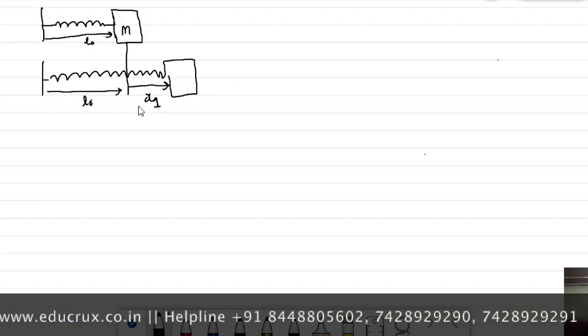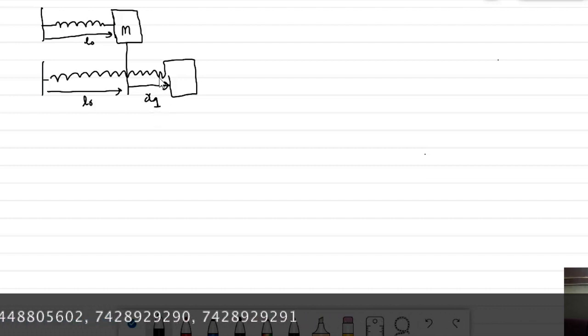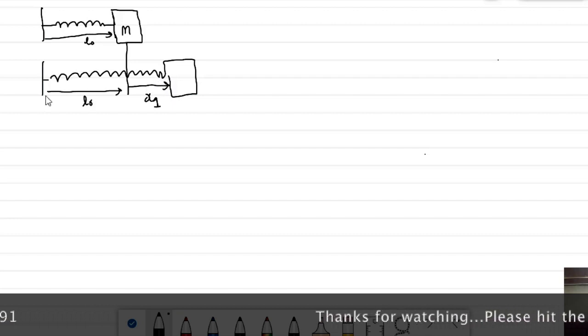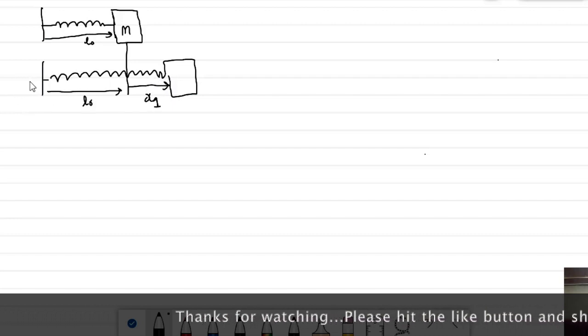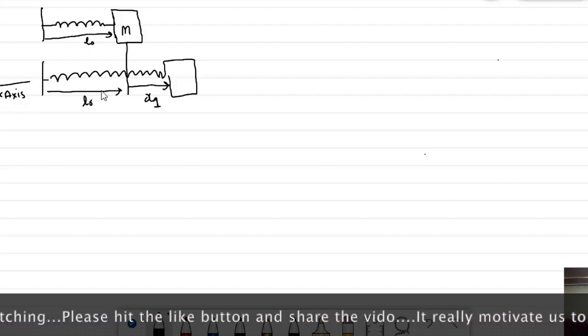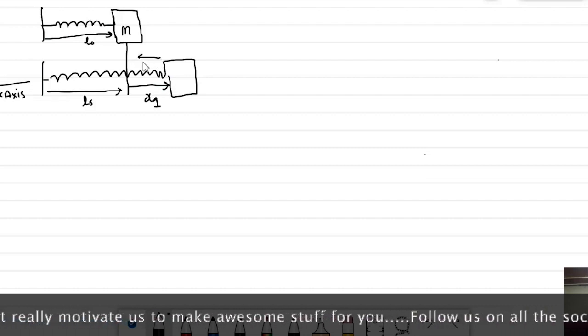So when I elongate the spring by a displacement x1, then the spring will try to push it back to its natural position, that is towards the negative x-axis. So the restoring force that will act on the block of mass m will be in this direction.